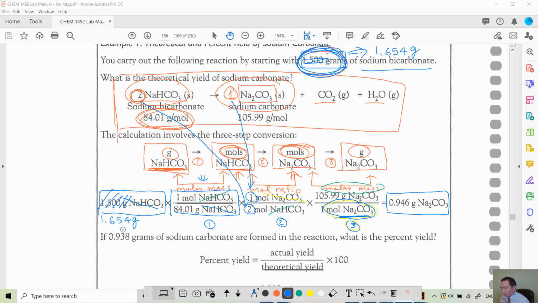Then everything else stays exactly the same. No change at all. And you do your calculation, you can figure out a different number. Rather than having 0.946, you will have a different number over here. All right.